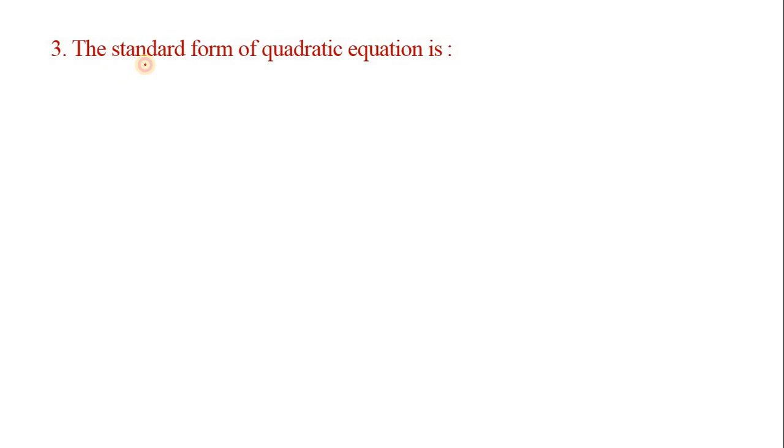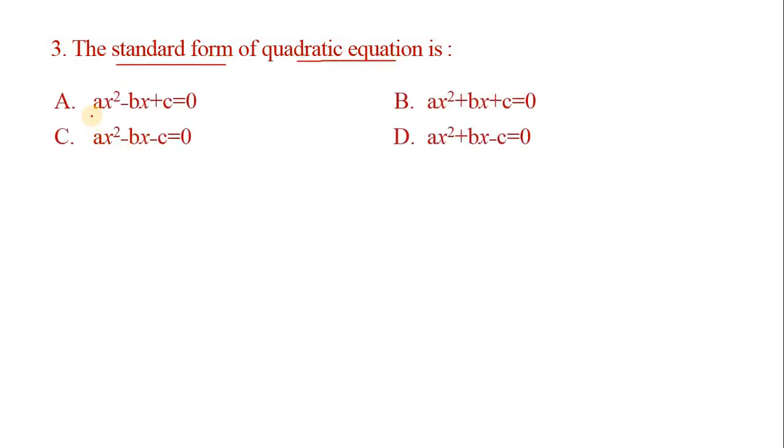The standard form of a quadratic equation is: ax² - bx + c = 0; ax² + bx + c = 0; ax² - bx - c = 0; ax² + bx - c = 0.